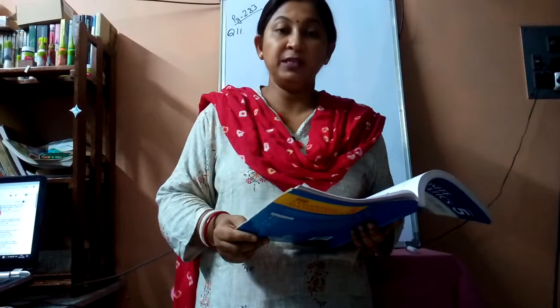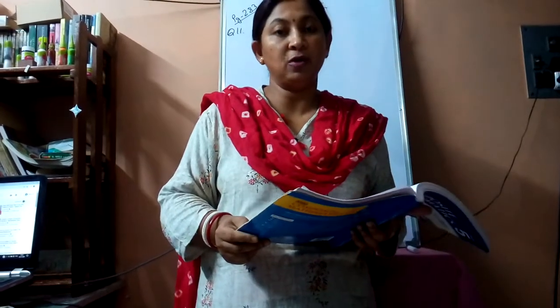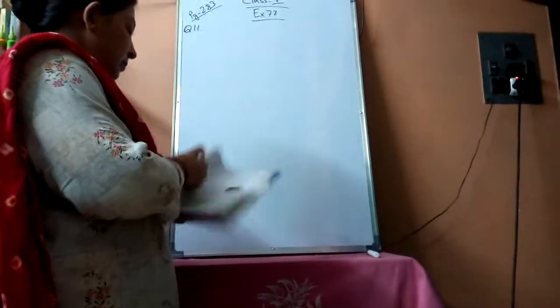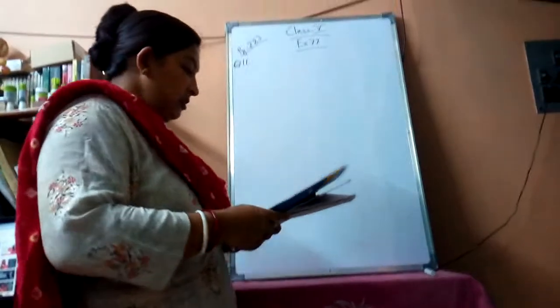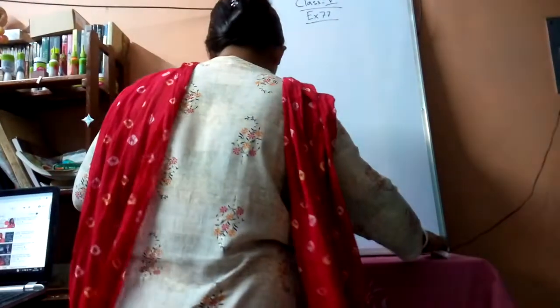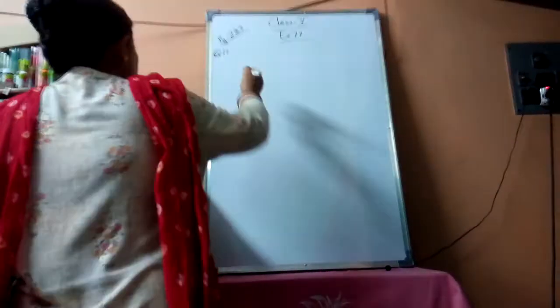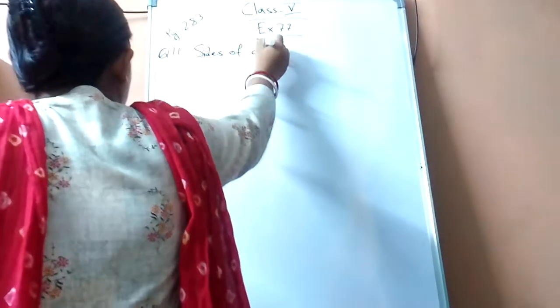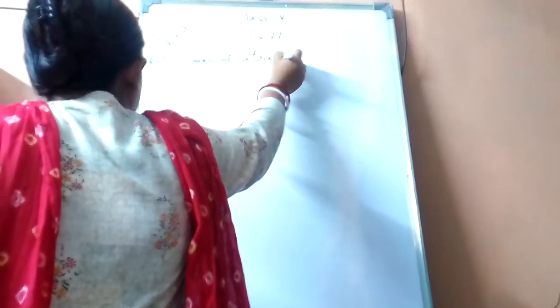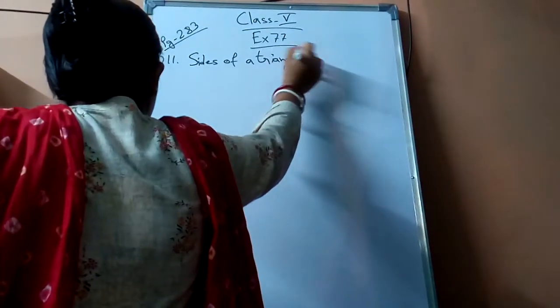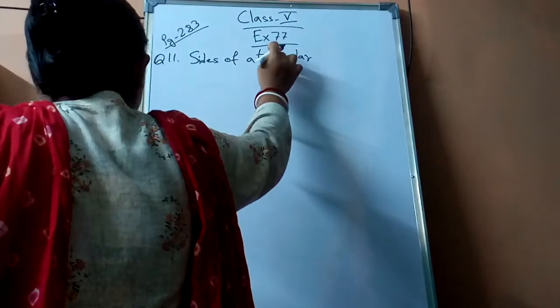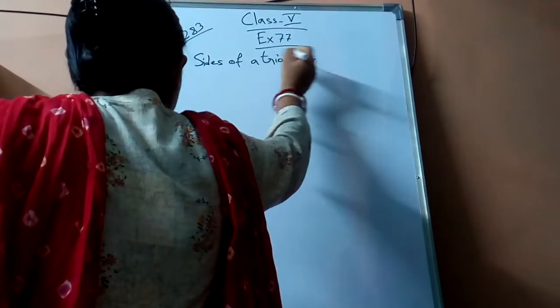That means for this you have to find the perimeter, and since it is a word problem you will write the statement. So let's start writing. You will write first of all the sides of a triangular field.